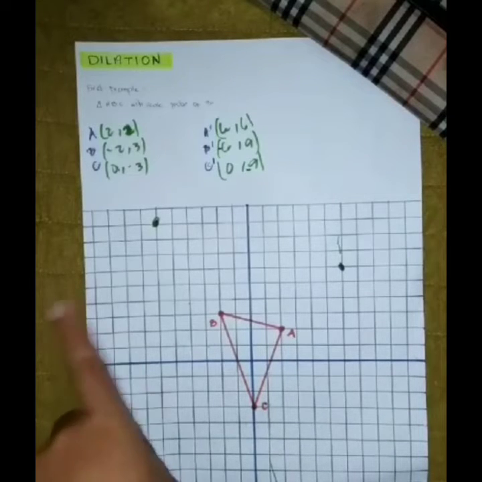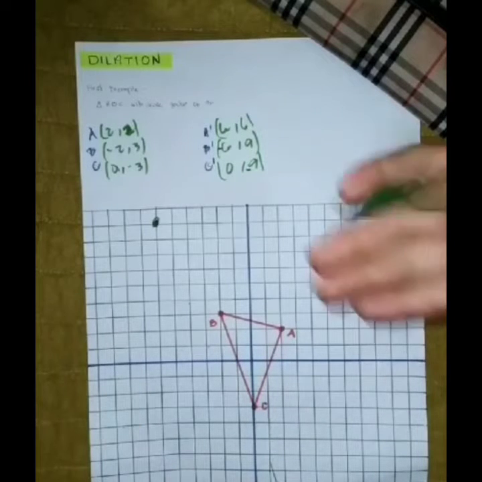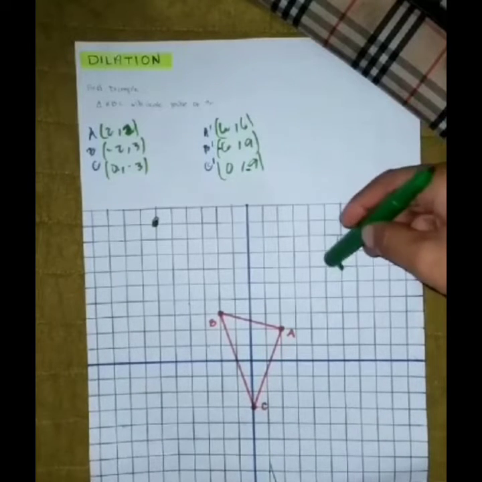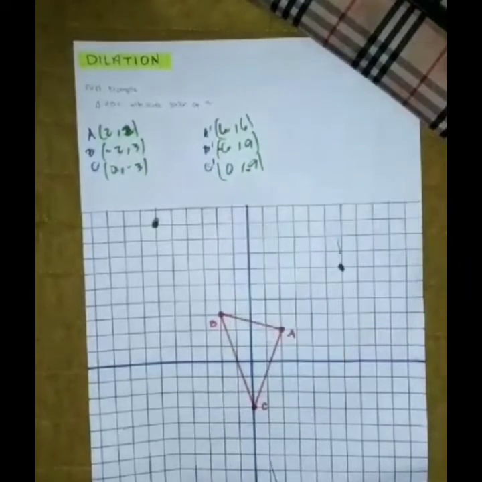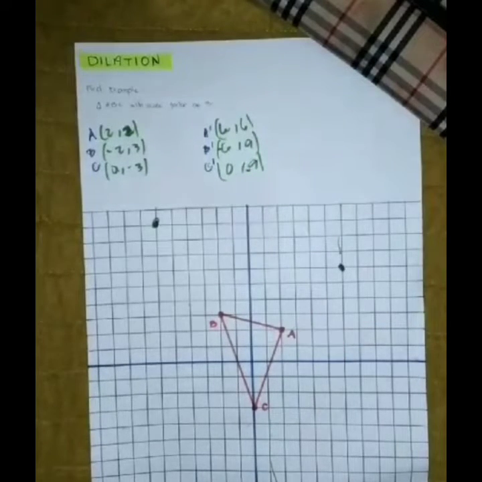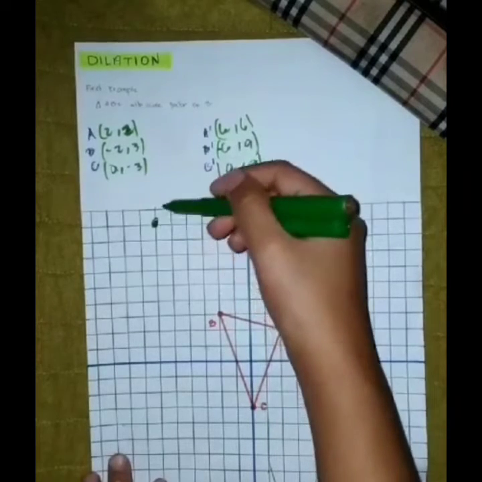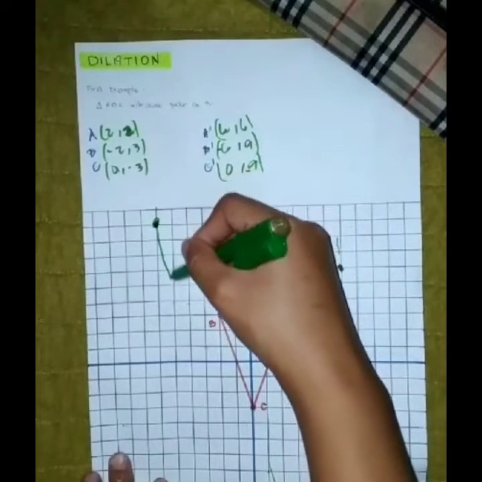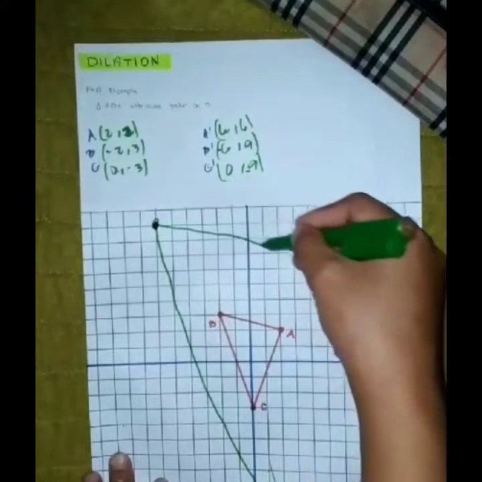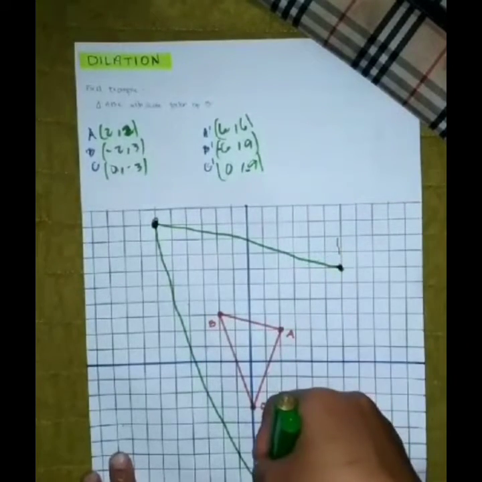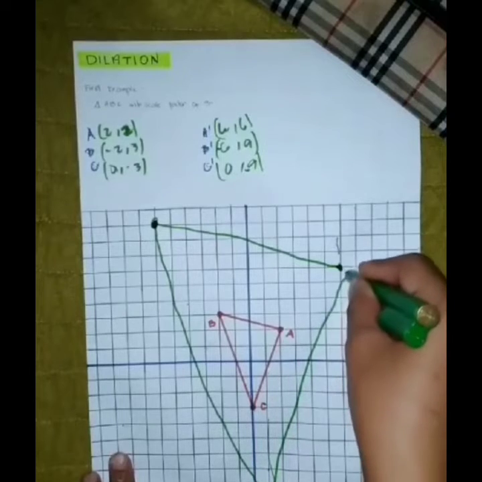So now the points, the dots for our A prime, B prime, and C prime, we make a new triangle. Make a new triangle. So they are connected now here, and then 3 and 3.